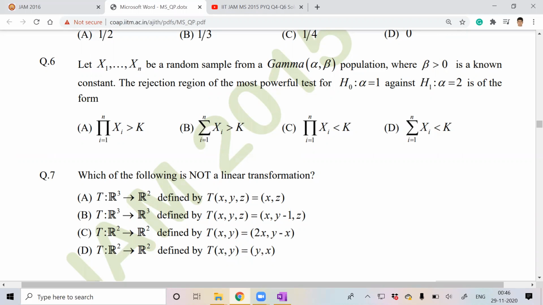So we need a rejection region for the most powerful test. So we have to use the Neyman-Pearson lemma for the rejection region of the most powerful test.